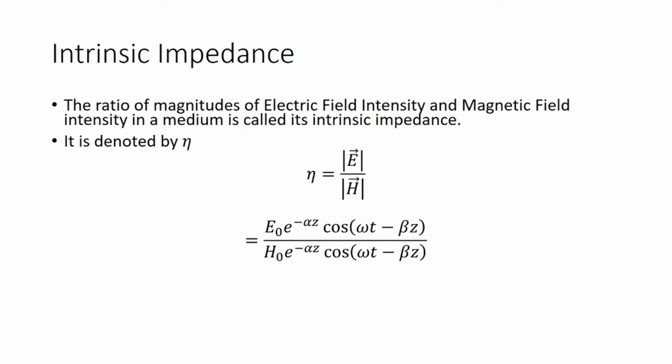Therefore, this is what we get. Out of this, exponential of minus alpha z cos omega t minus beta z is common. Therefore, the intrinsic impedance is E naught by H naught. Let us try to determine the value of intrinsic impedance.